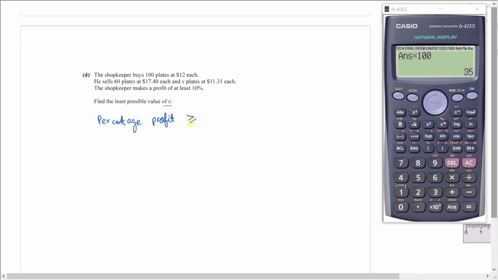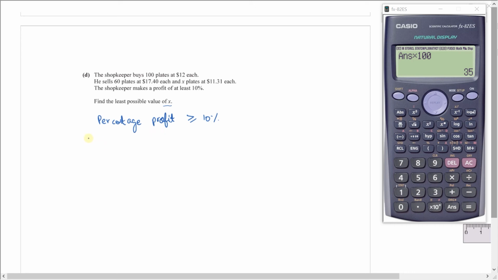That means it is greater than or equal to 10%. So if we can calculate the percentage profit, we can substitute it in this inequality to find the least possible value of X. So first, to calculate the percentage profit, we need to find the profit.